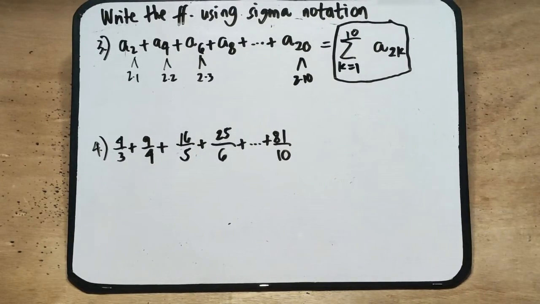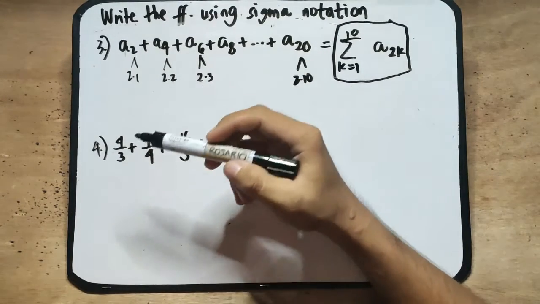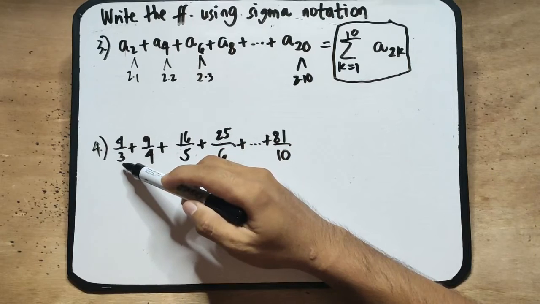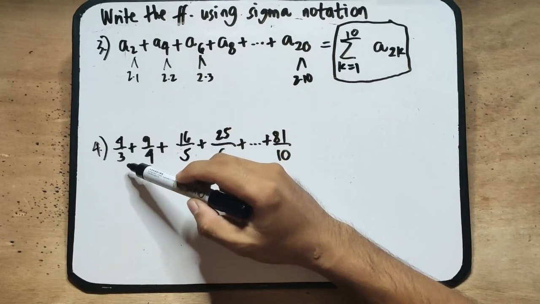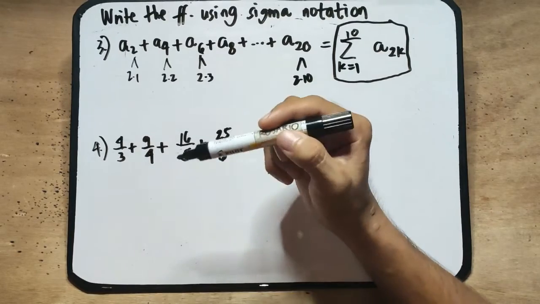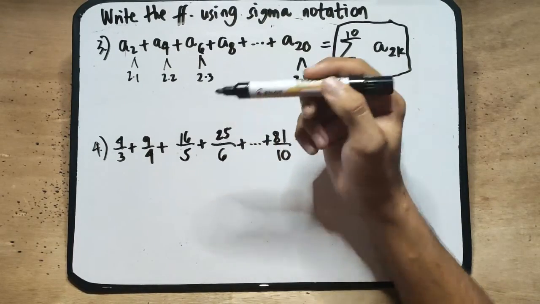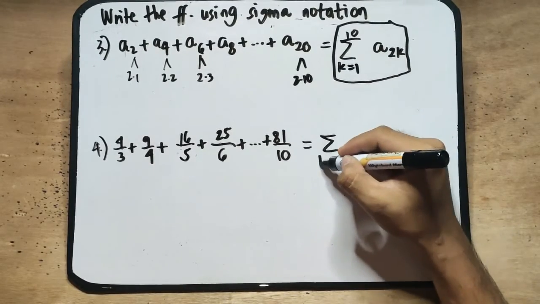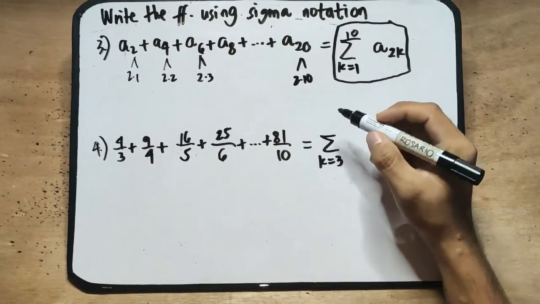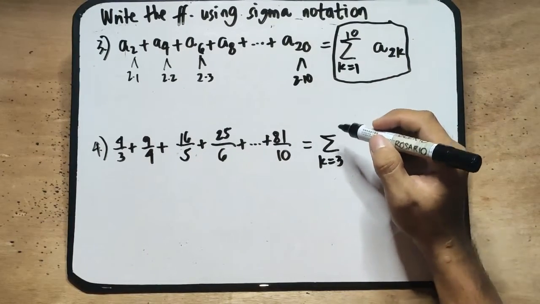For our fourth item, we have 4 all over 3 plus 9 all over 4 plus 16 all over 5 plus 25 all over 6 up to 81 all over 10. So, as you can see, may pattern siya. So, yung sa denominator increasing, nag-start siya kay 3. So, possible na ang ating summation ay yung lower limit niya ay 3.